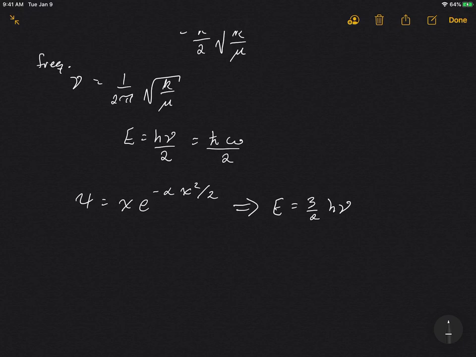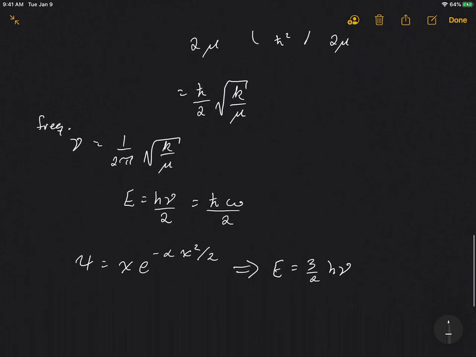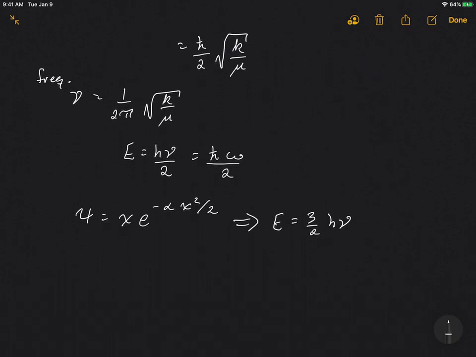So this has what we call a node, and I believe we talked about nodes in the particle in a box. The previous function has no nodes. This one has one node.